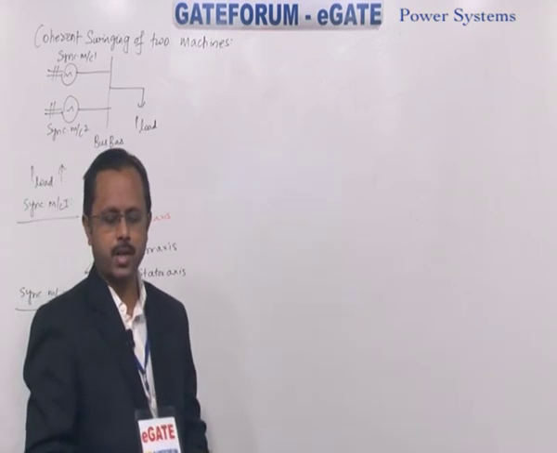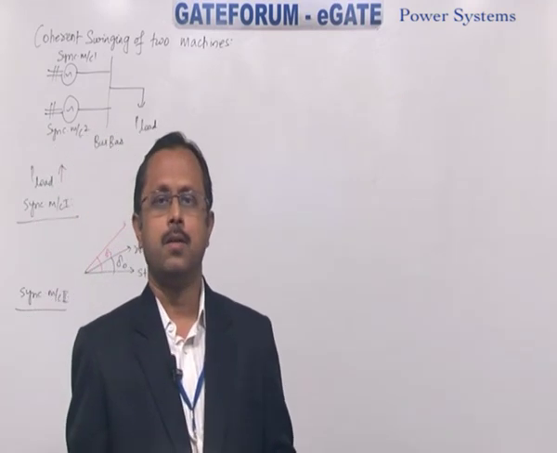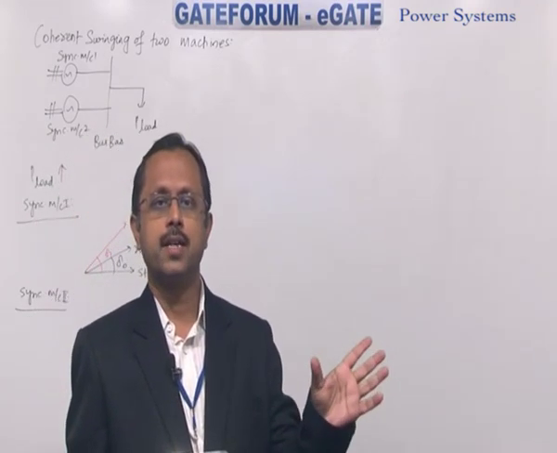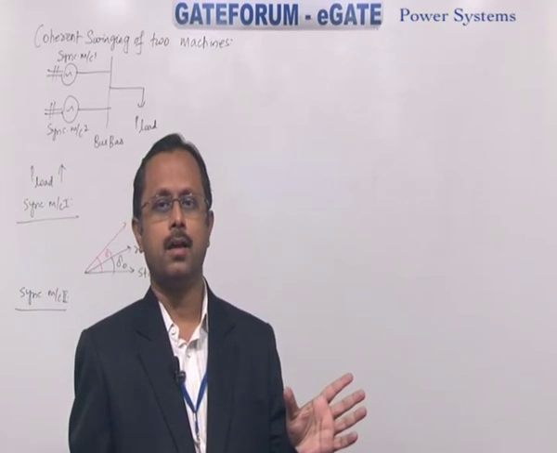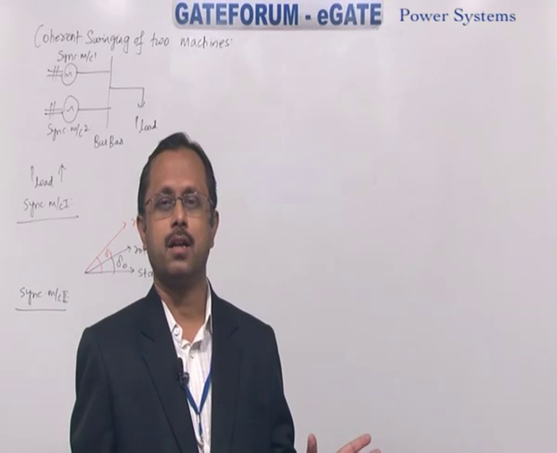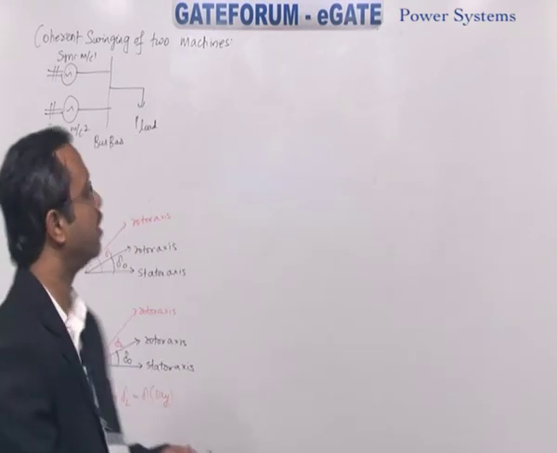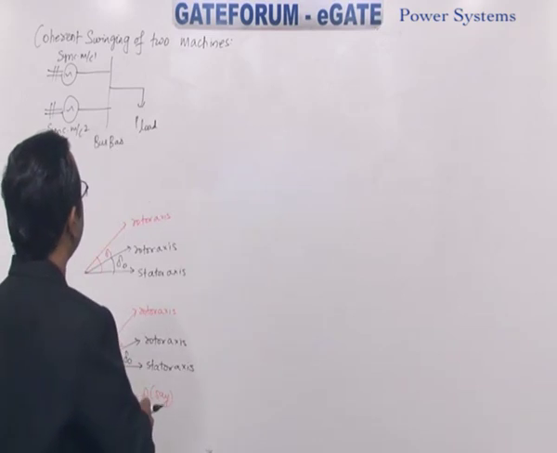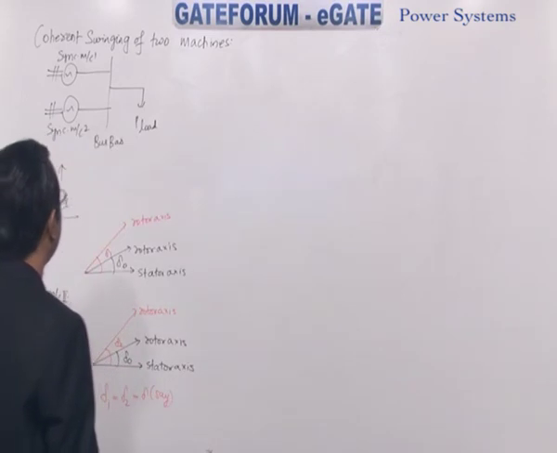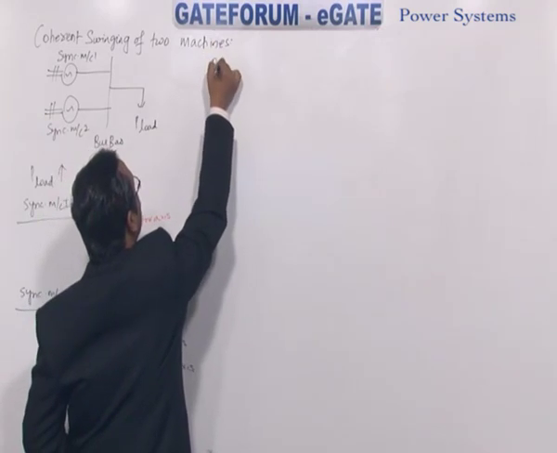So what is the statement of coherent swinging of synchronous machines? Due to the increase in the load demand, the increased load demand is equally shared by the synchronous machines in parallel. So what will be the PA now?